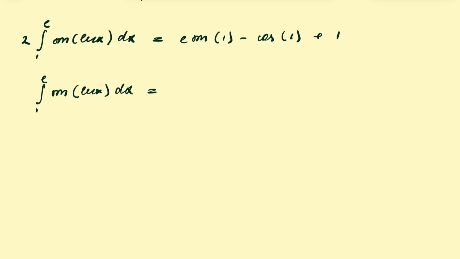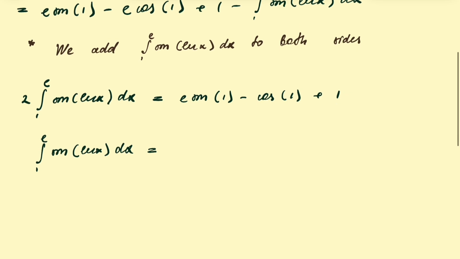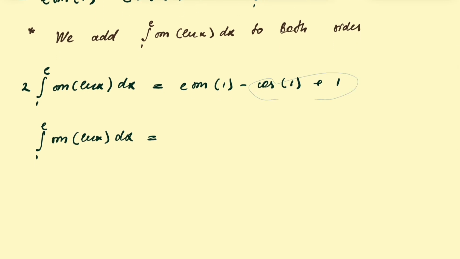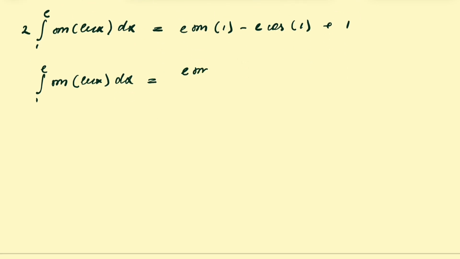We have the integral equal to e times sine of 1 minus e times cosine of 1 plus 1, all over 2, and it's our final answer.